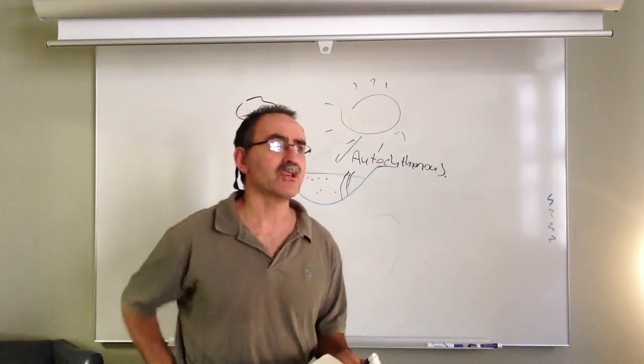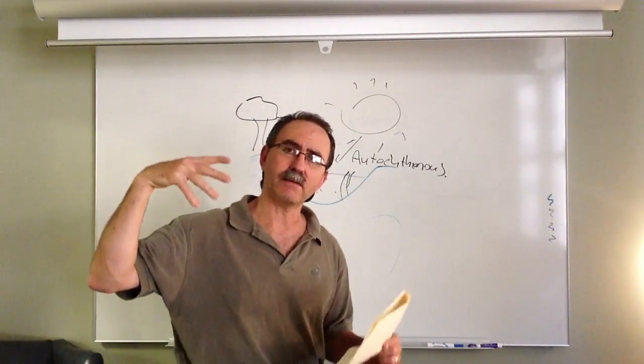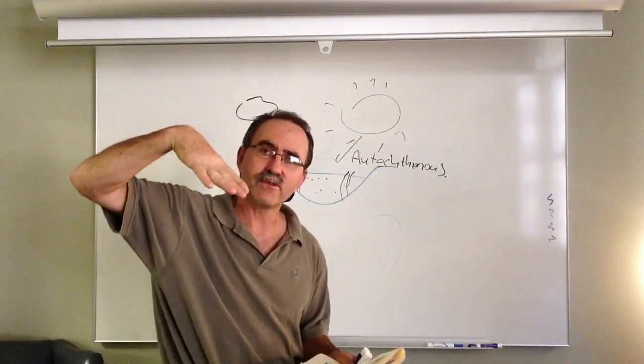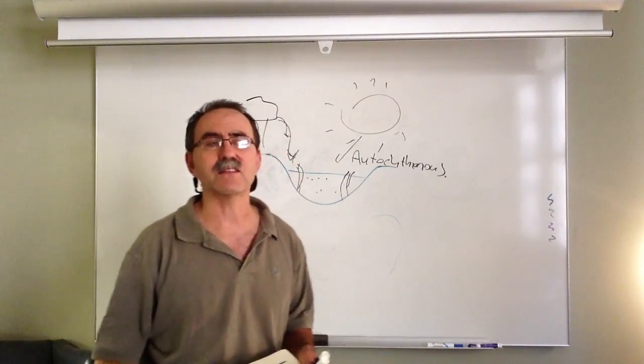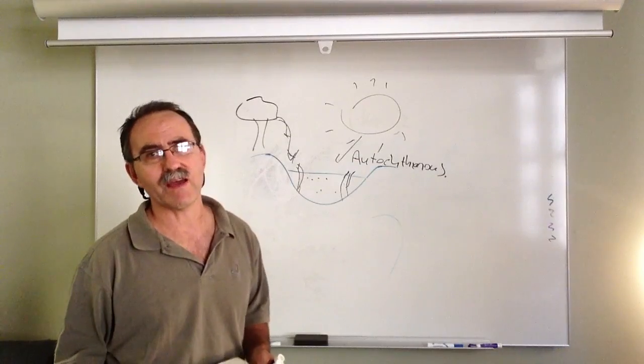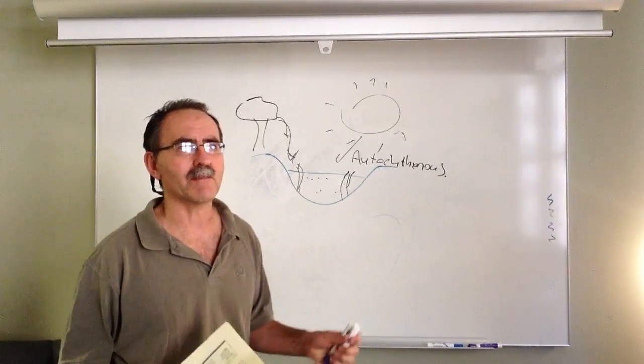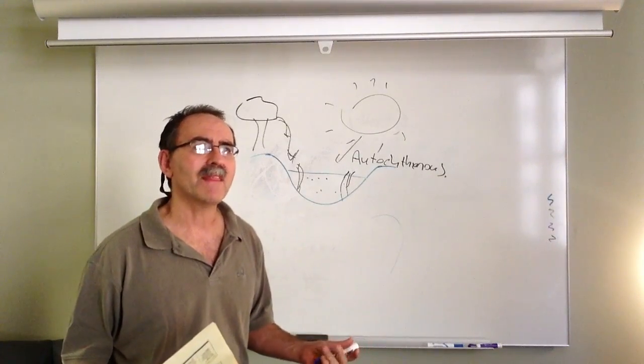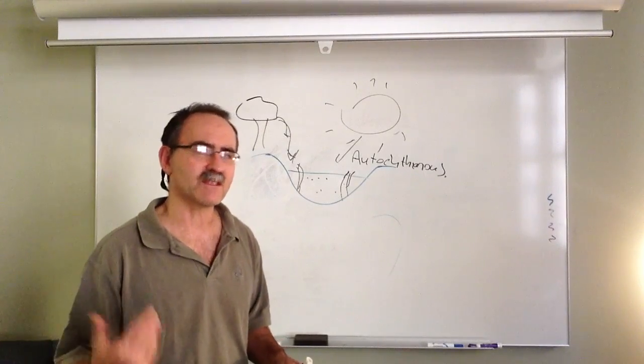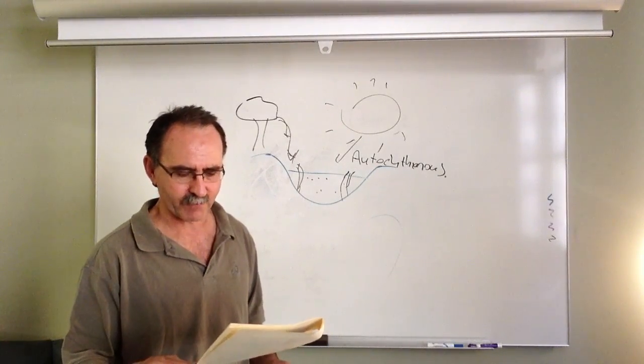This is not a problem usually in this kind of stream situation, because you've got very, very high gradients, so you have good re-aeration. And again, that's why you find trout in mountain streams. There might not be that much photosynthesis, but you're getting this mechanical re-aeration over there.